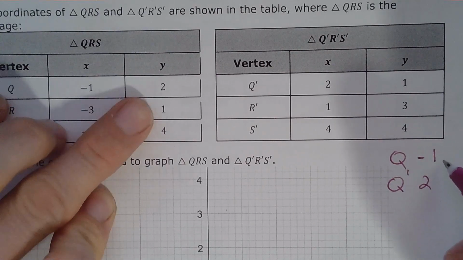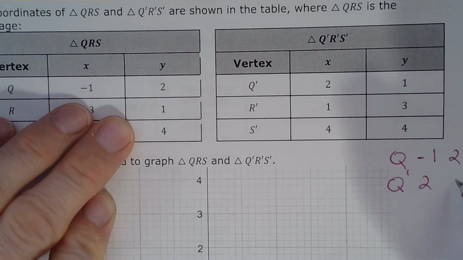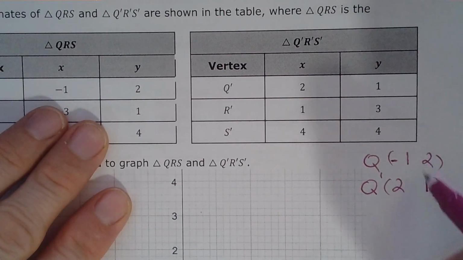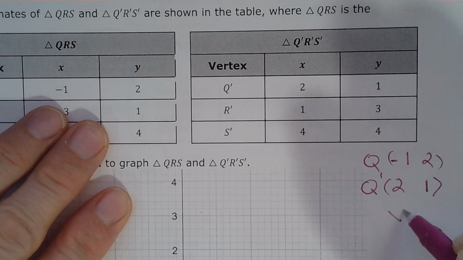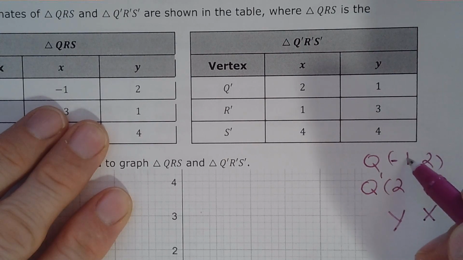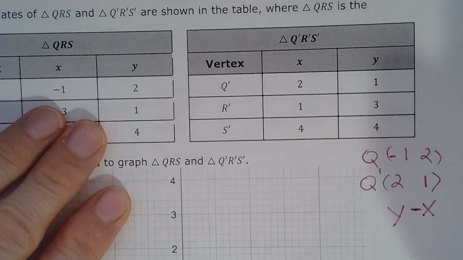And then my Y for Q was 2, and then it was 1 here. Right, so if I just do a simple point comparison, I can see that my X's and my Y's flopped, and what was my X flopped signs.